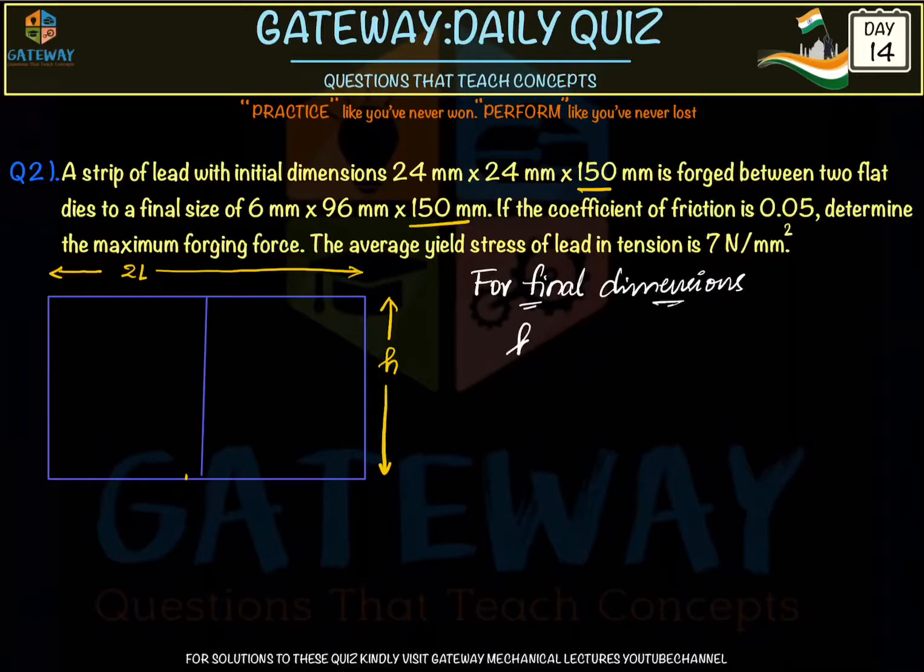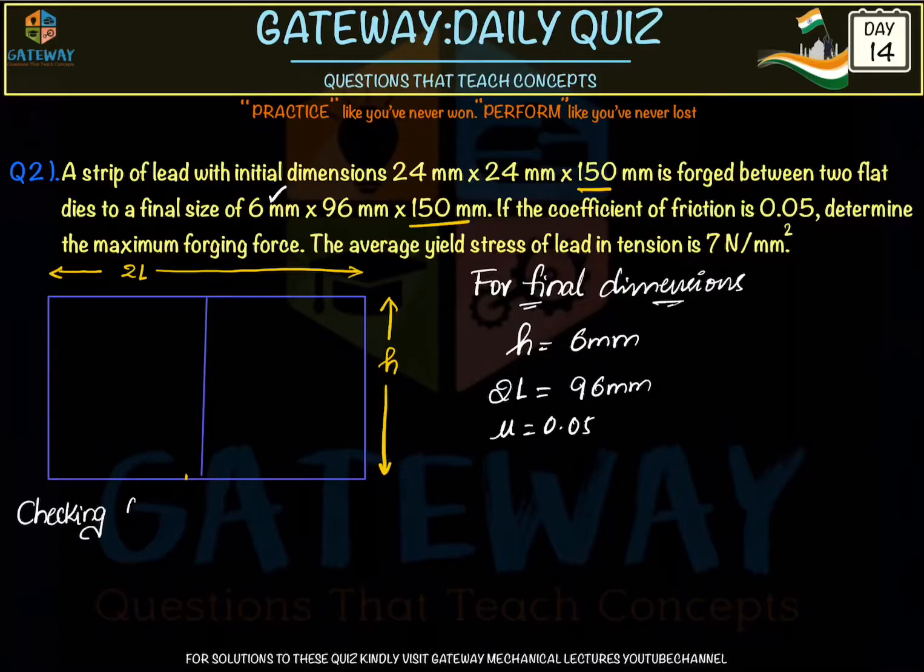For the final dimensions, the H value was given as 6 mm. The length of the billet, which for derivation purposes we have taken as 2L, is given as 96 mm, and the coefficient of friction is given as 0.05. We need to calculate the maximum force here. So first of all, we'll check whether any sticking length is possible.